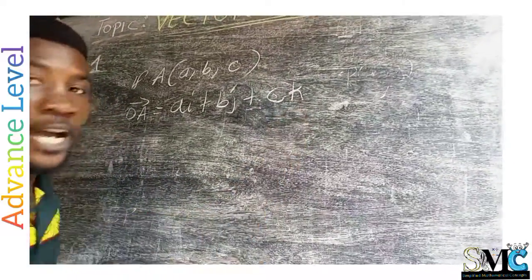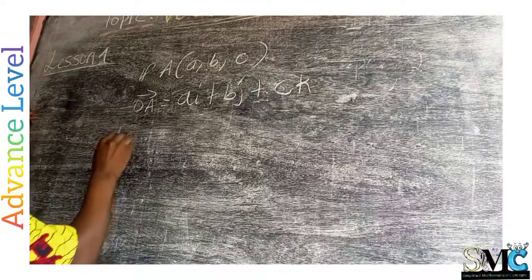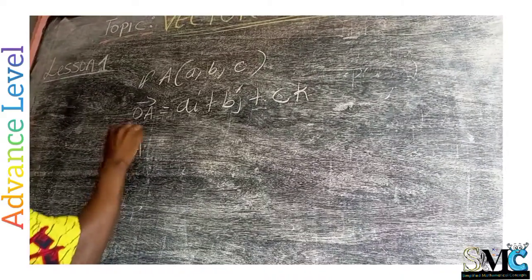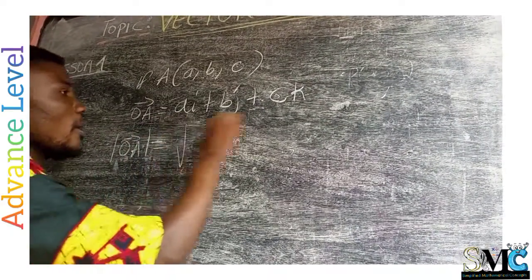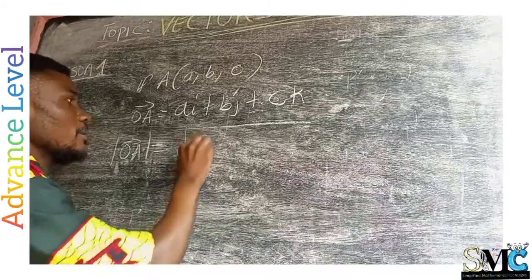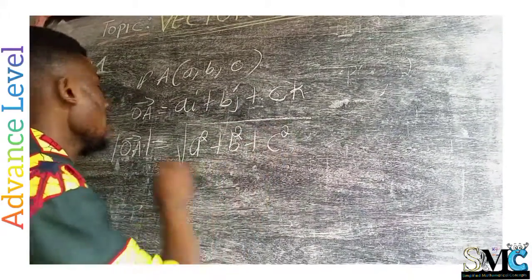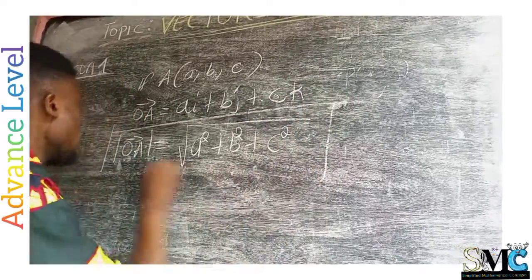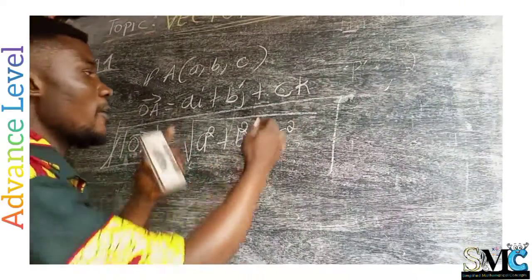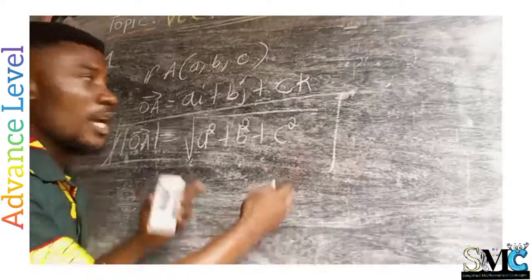This vector has magnitude, the magnitude of this equal to the square root of a squared plus b squared plus c squared. So for any given vector, this is how you find its magnitude.